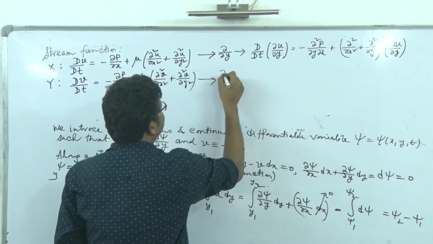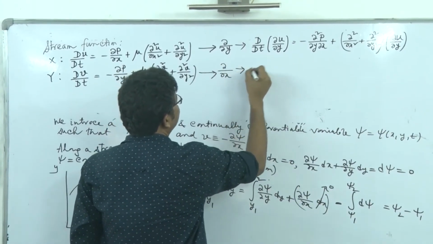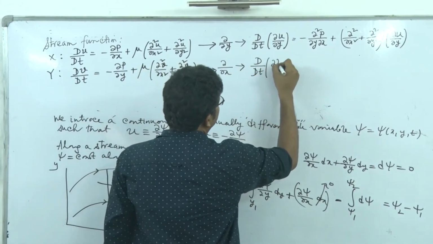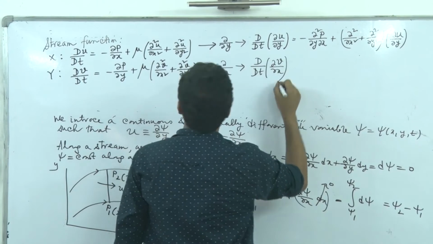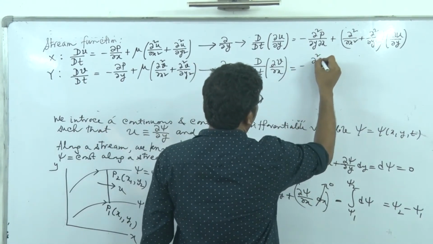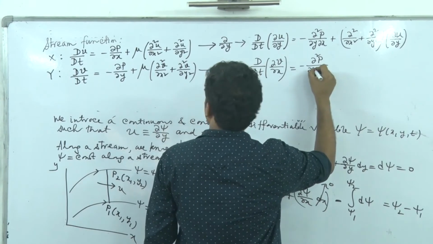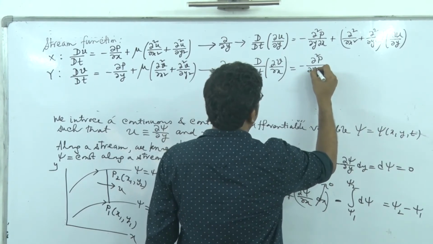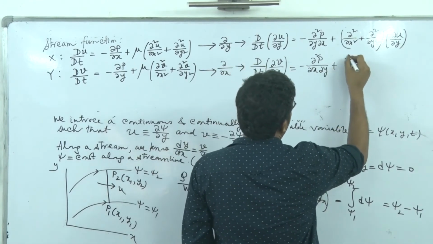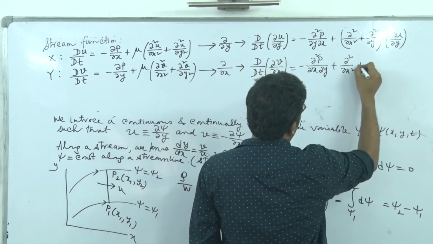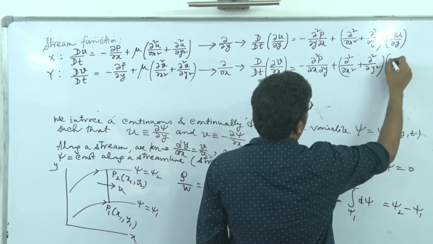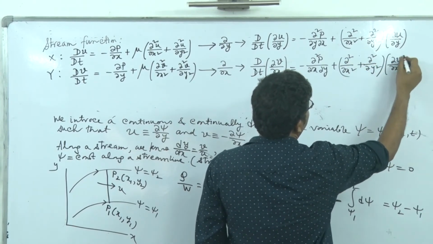And if you take the derivative with respect to x, it is D/Dt of ∂v/∂x equal to minus ∂²p/∂x∂y plus (∂²/∂x² plus ∂²/∂y²) operating on ∂v/∂x.